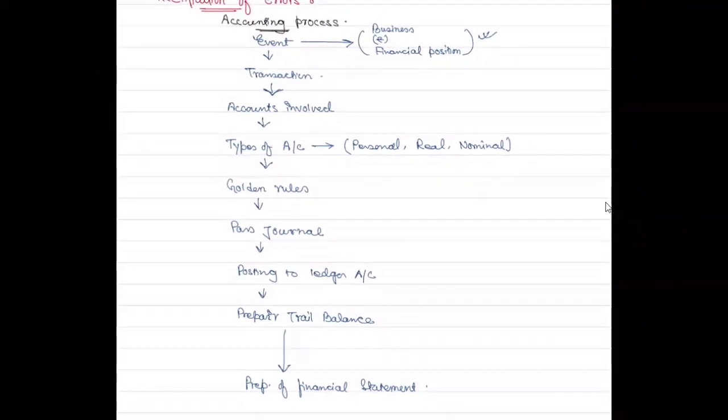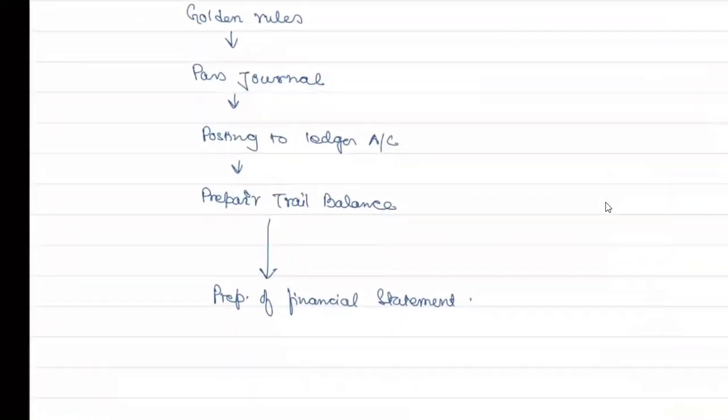First, we analyze an event, then we check whether it is a transaction or not. Once it is a transaction, we analyze what accounts are involved, then what type of account it is. With the help of golden rules, we'll pass the journal entry. With journal, we'll pass ledger. With ledger, we'll pass trial balance. With trial balance, we'll go to the preparation of financial statements.